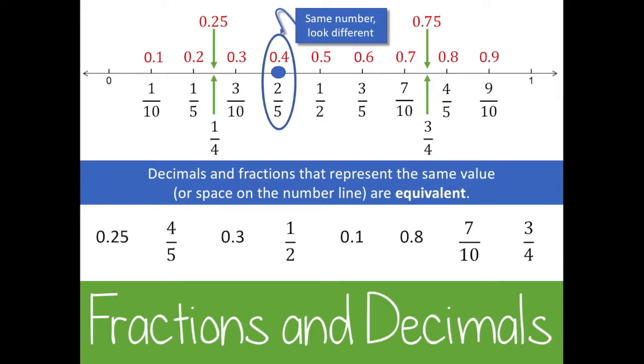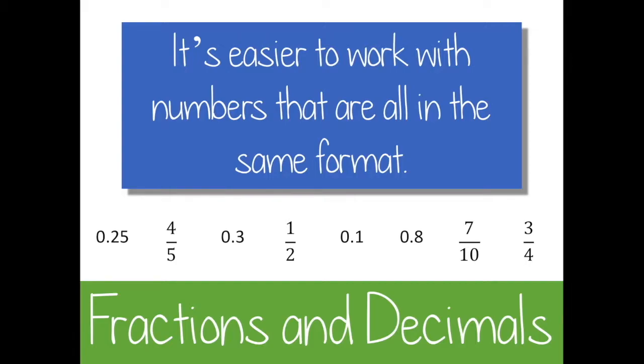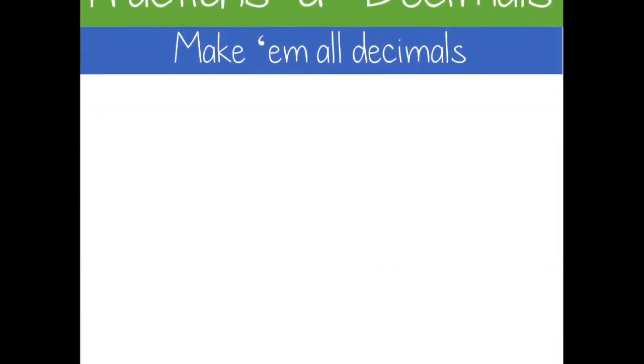If you need to order or compare these, it can be a bit overwhelming. So here's a hint. It's way easier to work with numbers when they're all in the same format. Basically, we need to make them all fractions or all decimals. I'll show you both. Let's start by making them all decimals.